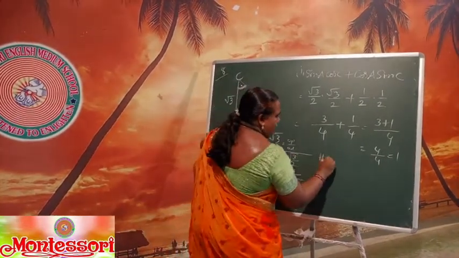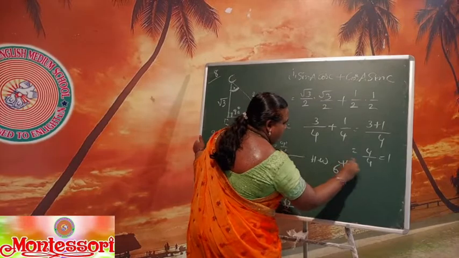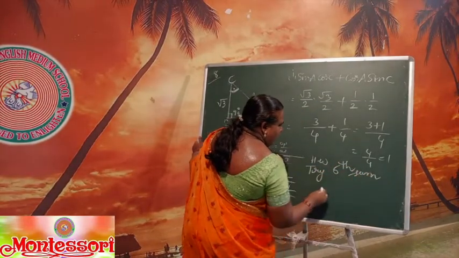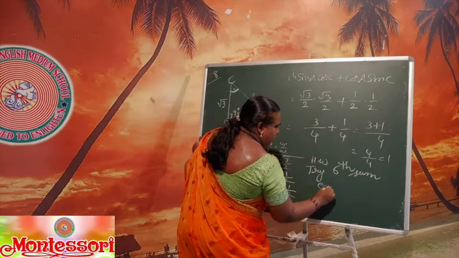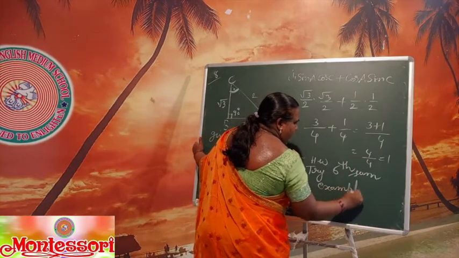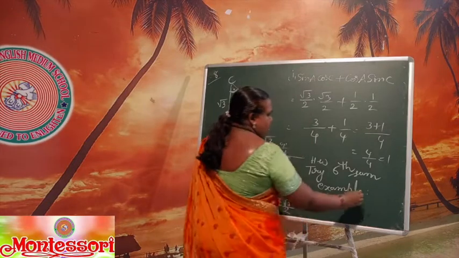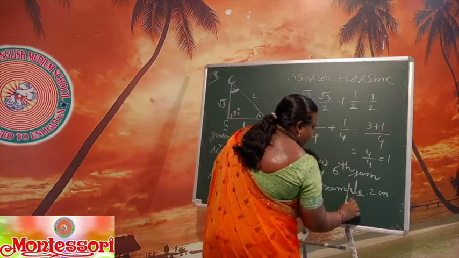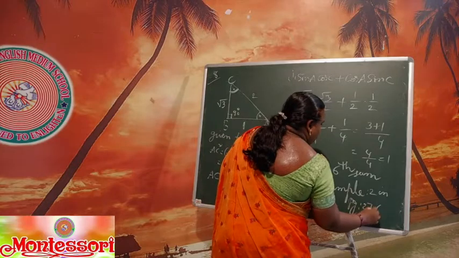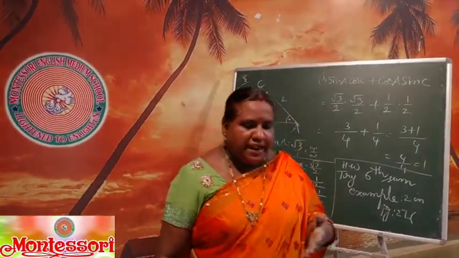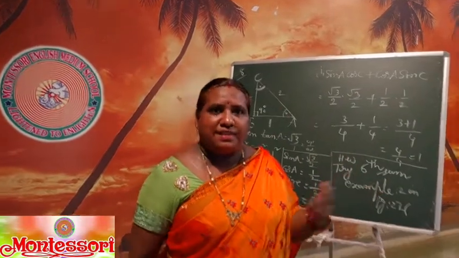So homework, sixth sum, try. If you cannot, I will explain. It is example 2 in page number 276. Try children, by drawing the diagram, you can do it very easily.